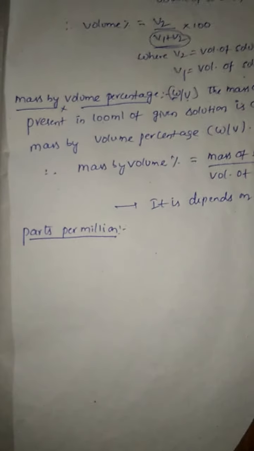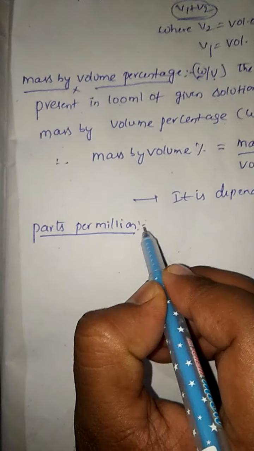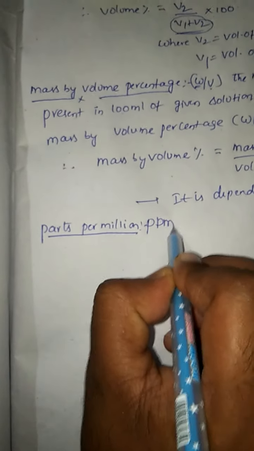So next one is parts per million. Parts per million means ppm.